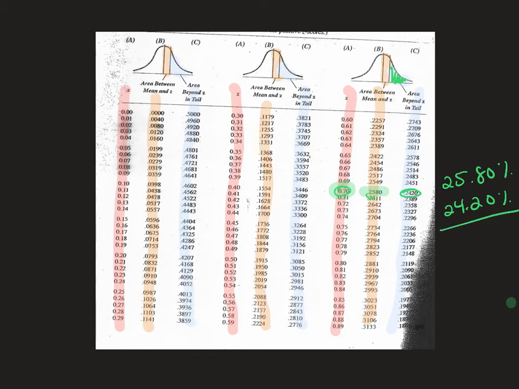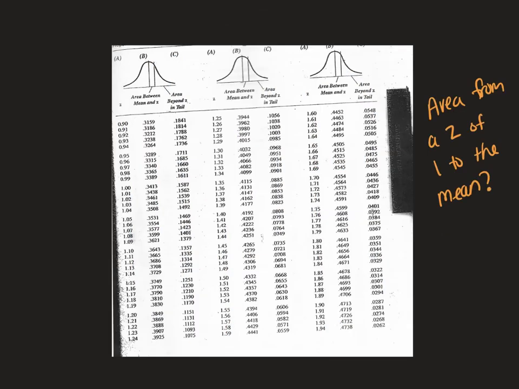Now, you'll notice here that if I add the area from any z to the mean and that z to its tail, it'll always come up as 50%, because what we're doing is taking 1/2 of the graph and dividing it into segments. Let's try this again with a more familiar segment of our normal curve.